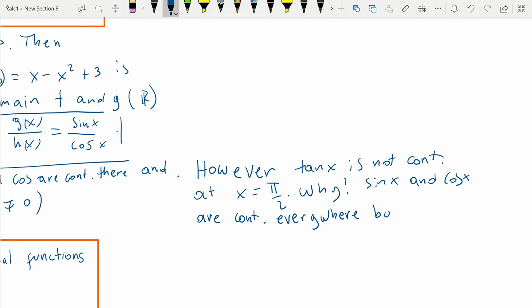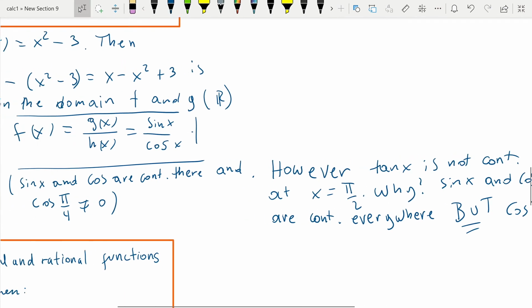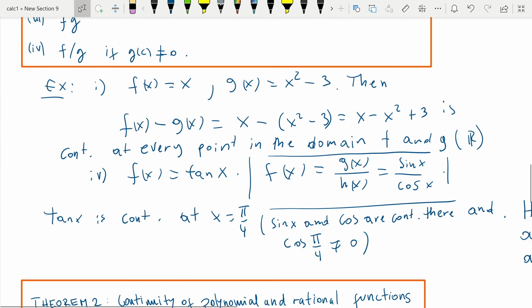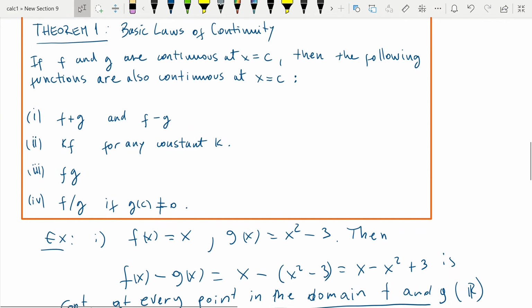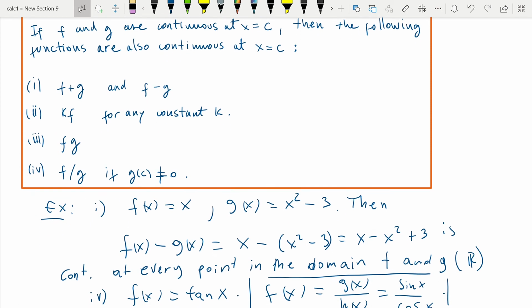But there's a big but: cosine of pi over 2 is 0. So if we go back to the quotient law, we see here that we need to have g of c at the point be different from 0.